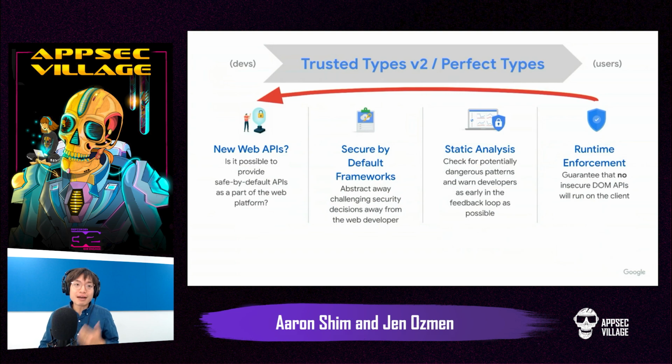If we have new platform-level APIs for operations that people currently use the DOM APIs for, say maybe a browser-included sanitizer implementation for HTML, or maybe a templating solution, then we've come full circle and have our runtime enforcements influence a new suite of secure by default, secure by design web platform APIs and primitives, to bring decisions that nudge developers towards safer choices at the very beginning of the pipeline.